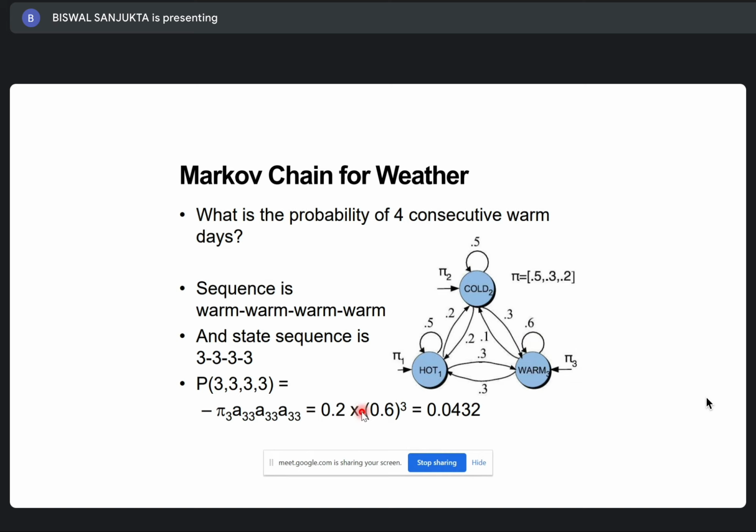That's how we can write 0.6 in place of A33. And again, the same probability will come here. So we will get 0.2 times 0.6 to the power 3. That's how we can apply this kind of Markov chain or Markov rule and calculate the probability of a sequence.